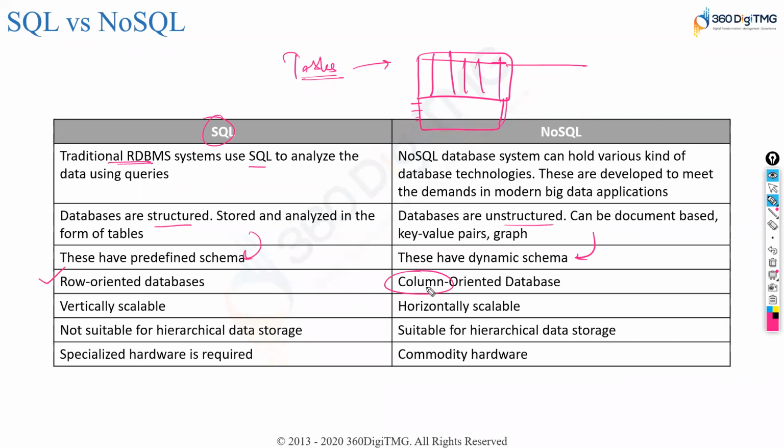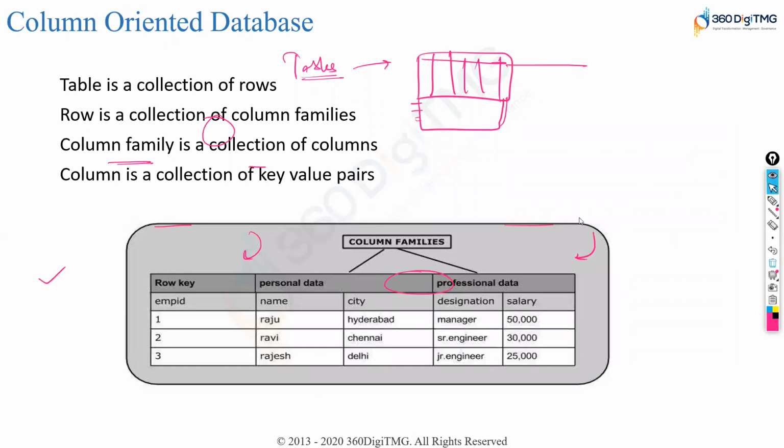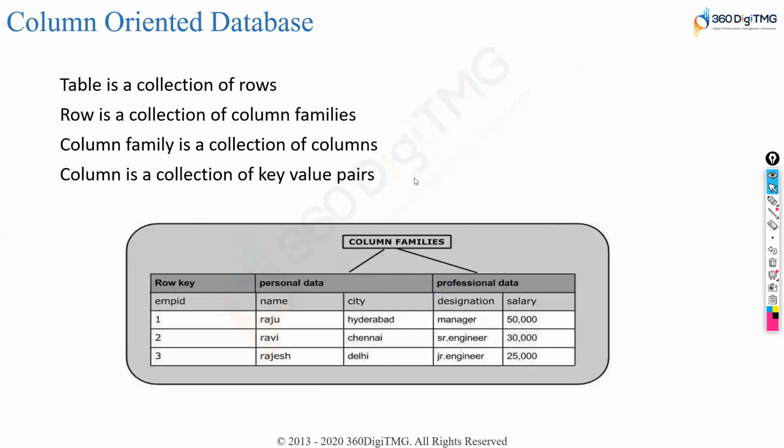This is not suitable for hierarchical data storage, whereas this is suitable for hierarchical data storage. Here, SQL requires specialized hardware, clusters and all that, whereas NoSQL does not require all that. You can use commodity hardware as well, like HBase is one example. Next, this is again, as I said, a quick comparison list. Let's deep dive and understand how column-oriented databases actually work.